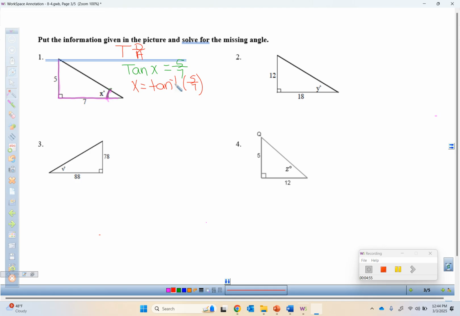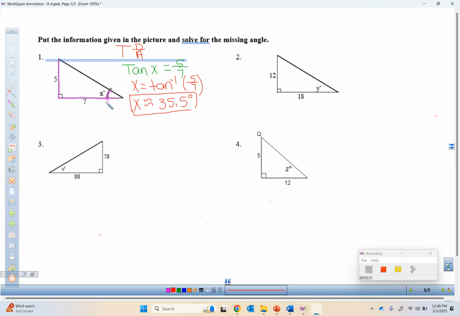In your calculator, you're going to hit second, tangent to the -1, and then 5 divided by 7. Okay, so we should have come up with 35.5. And this time, guys, you need to label it with a degree because this is an angle measure. Angles are in degrees. So we need to make sure we do that.